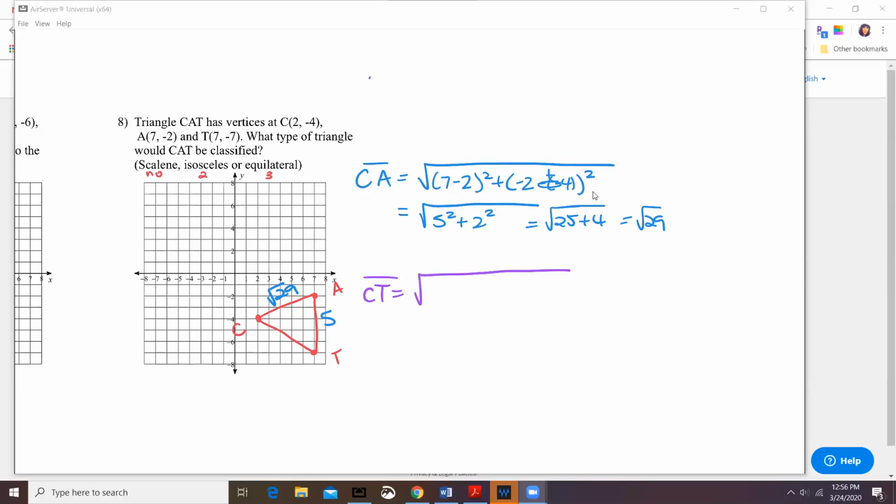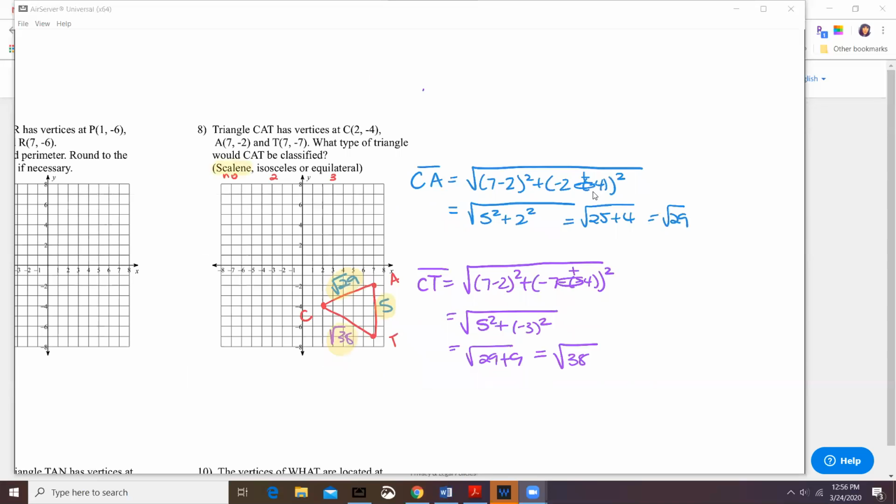All right, so square root of 38. Again, I hope I did that wrong. All right, so because all three of these are different, because you've got 5, square root of 38, and square root of 39, this would be a scalene triangle because none of the sides are the same.